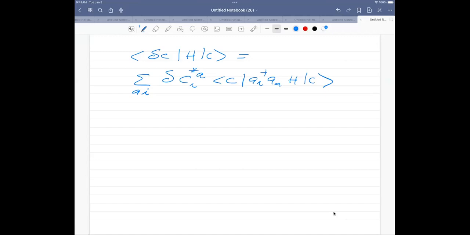So if we now remember how the Hamiltonian looked like, what we are going to get now are two different contributions. One is C of a_I^† a_A, and then we have the one-body operator, a_P^† a_Q, of C. And here the only contractions which I can have are these contractions here and this contraction here.